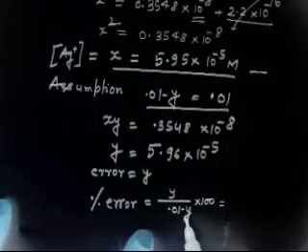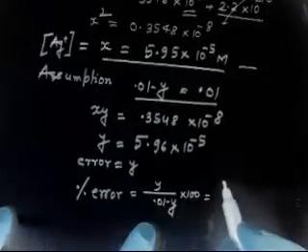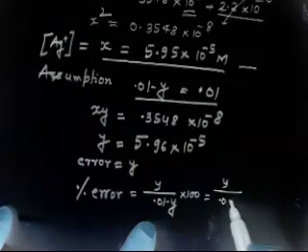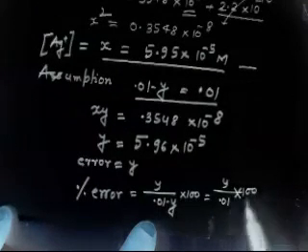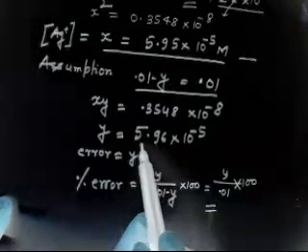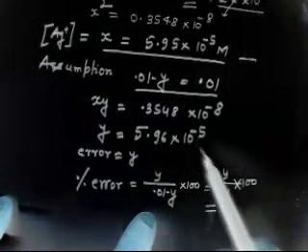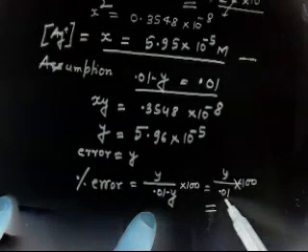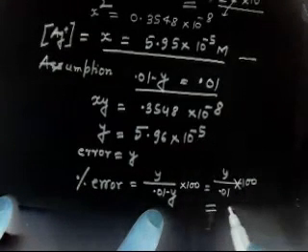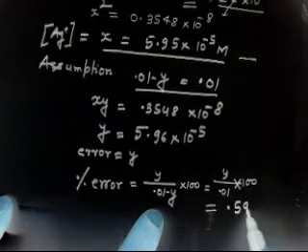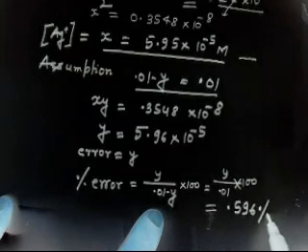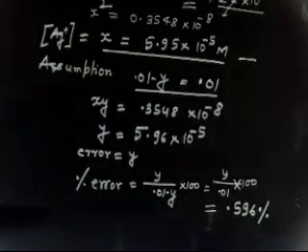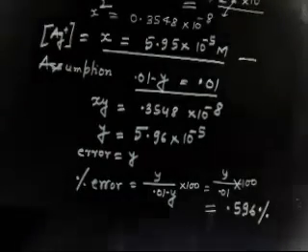But 0.01 minus y is approximately 0.01, so I write y over 0.01 into 100. With y as 5.96 × 10^-5, 10^-5 into 10^2 over 10^-2 gives 10^-1, so this comes out to be 0.596%. So only 0.6% error I am making, and that's why my assumption is valid.